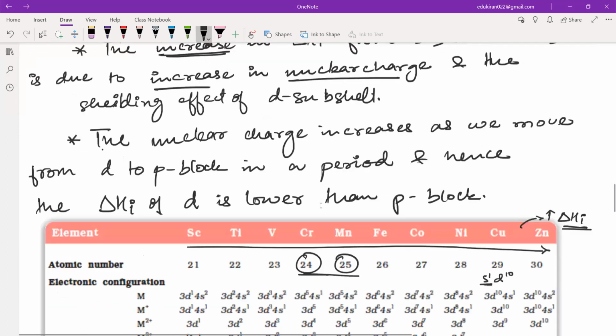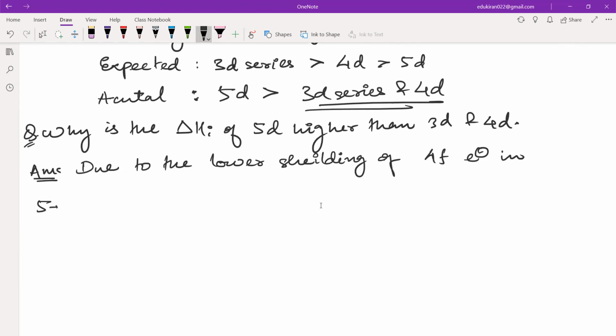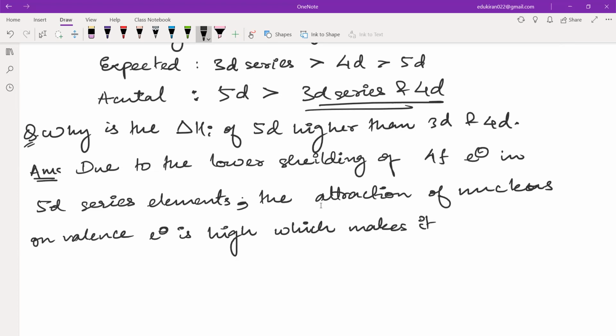So due to the lower shielding of 4f electrons in 5d series elements, the attraction of the nucleus on valence electrons is high, which makes it difficult to remove the electron.